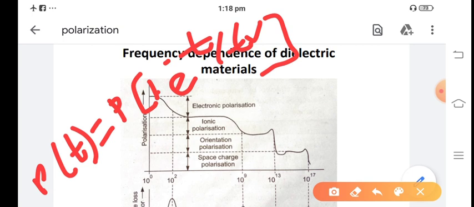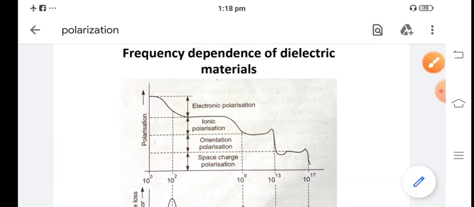So P(t) is equal to P into 1 minus e raised to minus t upon tr, where tr is the relaxation time and P is the maximum polarization attained by the dielectric material due to the application of electric field.